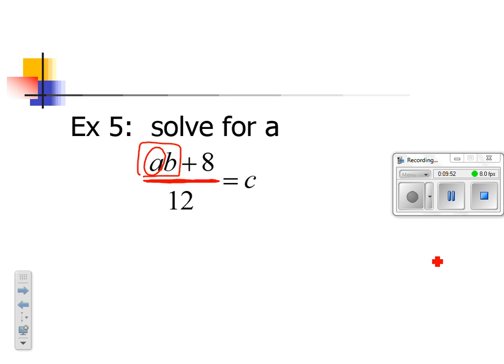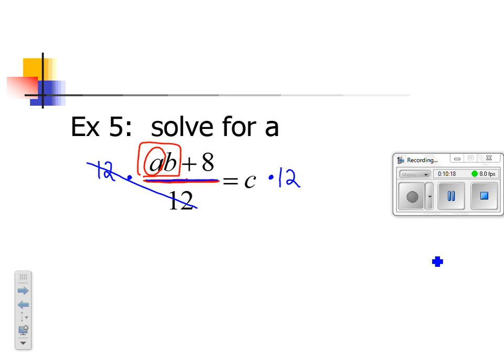We want to make sure that when we're solving an equation, we have no fractions to begin with. We want to get rid of that 12. And because the 12 is being divided here, we are going to do the opposite of dividing by 12, which is multiplying both sides by 12.